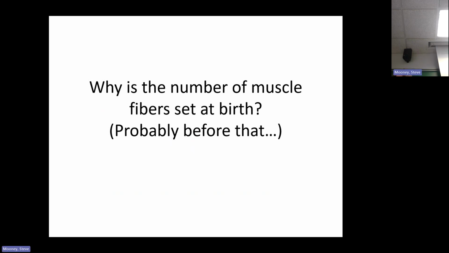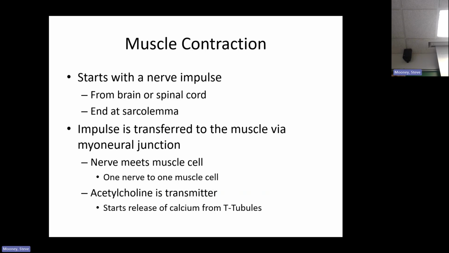So because of that wiring system, the way the nerves are set up and how we signal those muscle cells, we have to have that relationship in advance. So as we mentioned already, acetylcholine is the transmitter. Once that goes across the gap there, it excites the receptors on the sarcolemma, the plasma membrane of the cell.